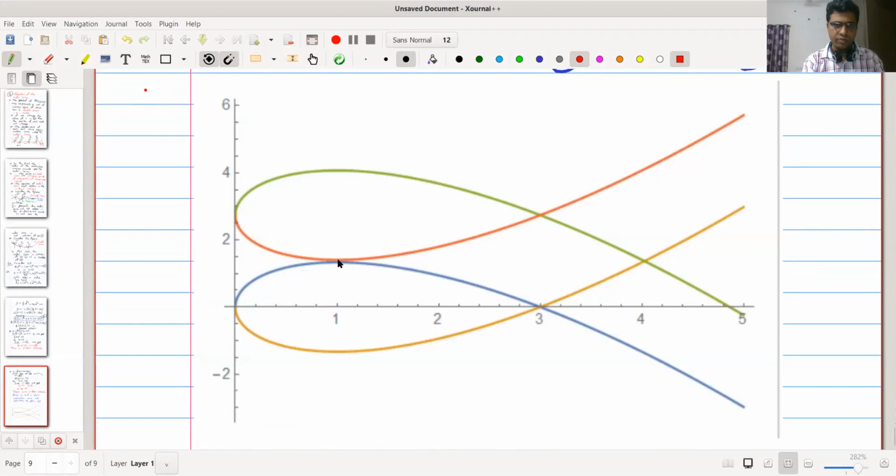So the vertical line passing through the point 1 will be the tac locus, and the line x equal to 3 forms the nodal locus.